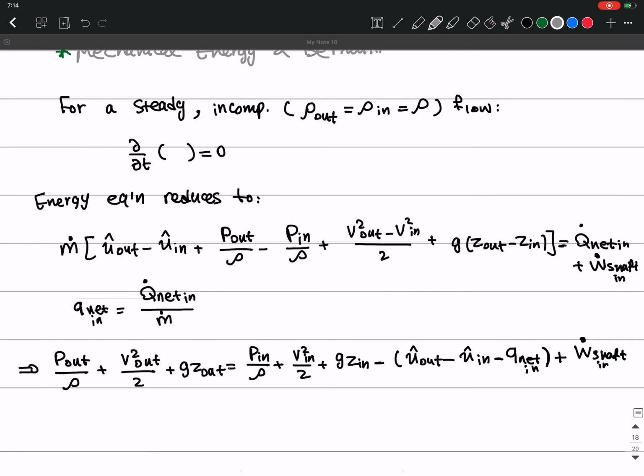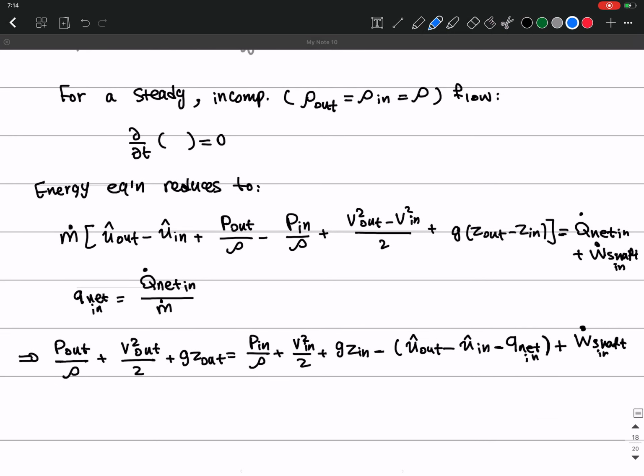And what is this? This is loss of useful or available energy due to friction, right?